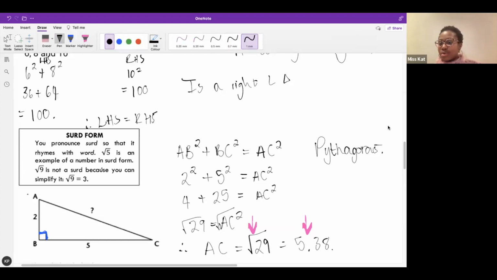Let's say AC was my height, and I was going to use that height to calculate area or something. You don't want to round off too soon when you're doing this. Okay, so to avoid rounding off too soon, you would just leave it as square root of 29, right? And then substitute it as square root of 29, and then round off at the end.